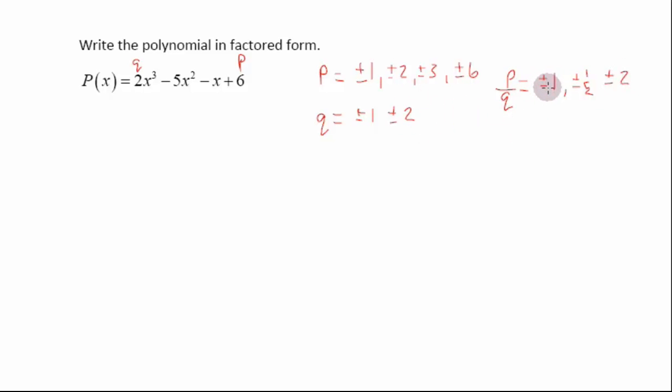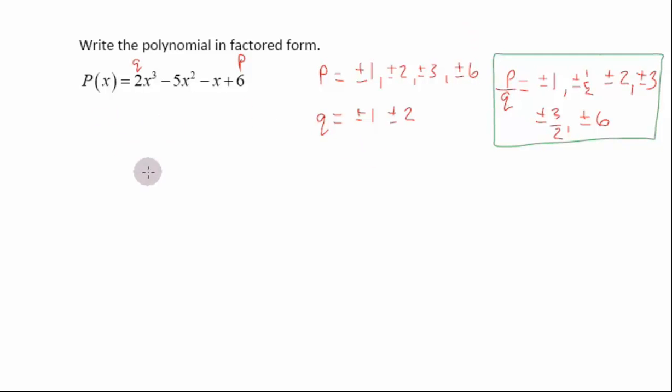I already have that, so I'm not going to repeat it. 3 over 1. 3 over 2. 6 over 1. And 6 over 2 is 3. I've got that. So here are the possible rational zeros. There's 2, 4, 6, 8, 10, 12 of them. So we narrowed it down from an infinite number to 12.